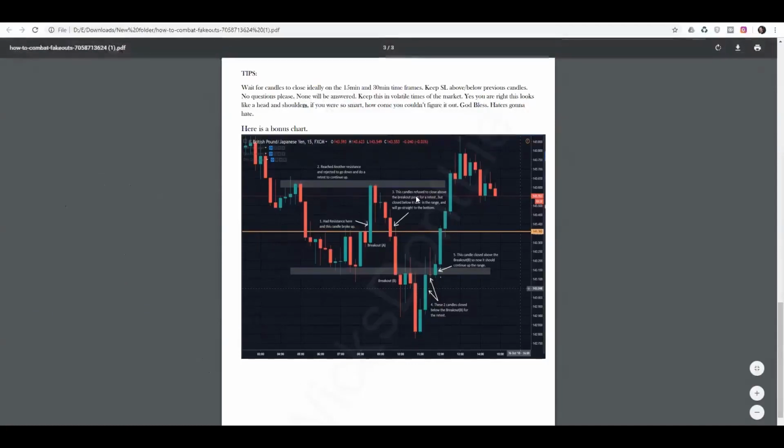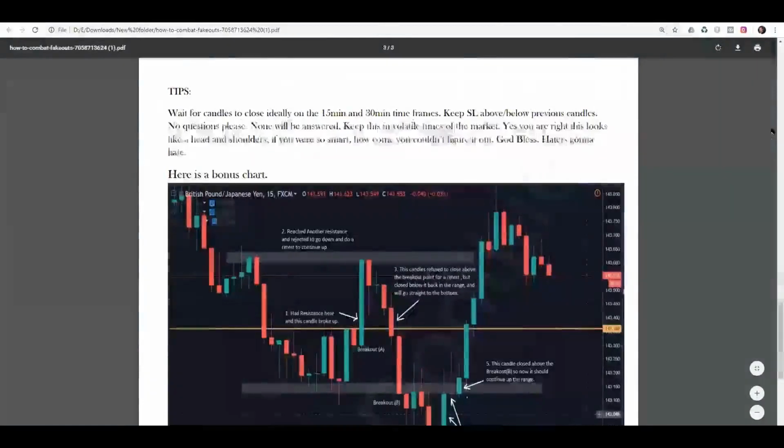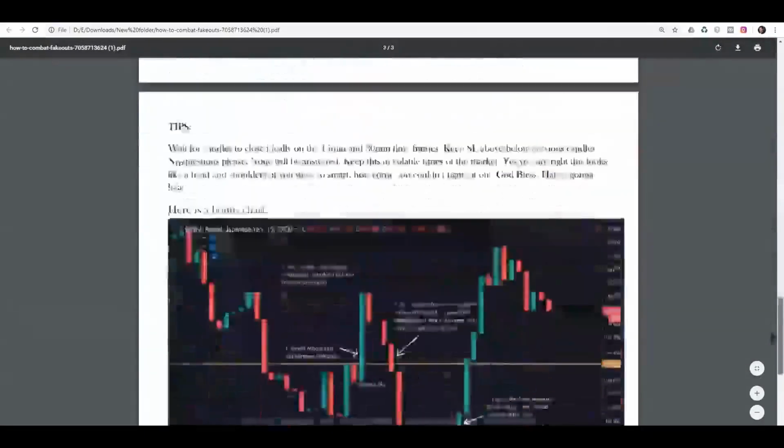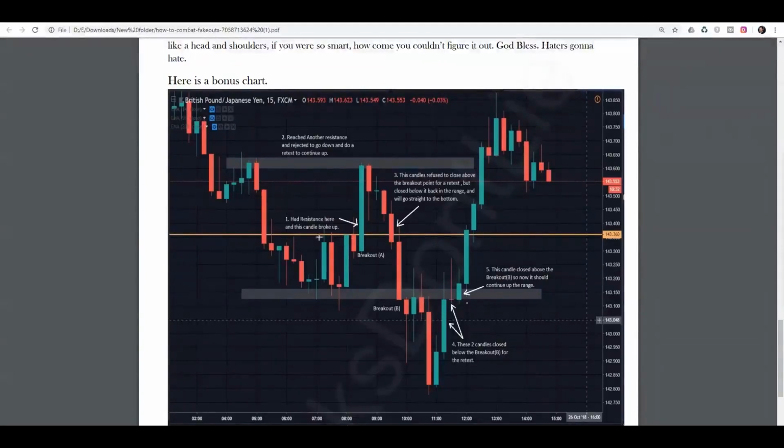All right, what's this example here? Yeah, see, I've been numbering captions since a year ago. So it just made me better. All right, so number 1, had resistance here when this candle broke up. So this was resistance, candle broke up, came up to this resistance, another resistance reached, and the candle rejected to go down to retest, right?